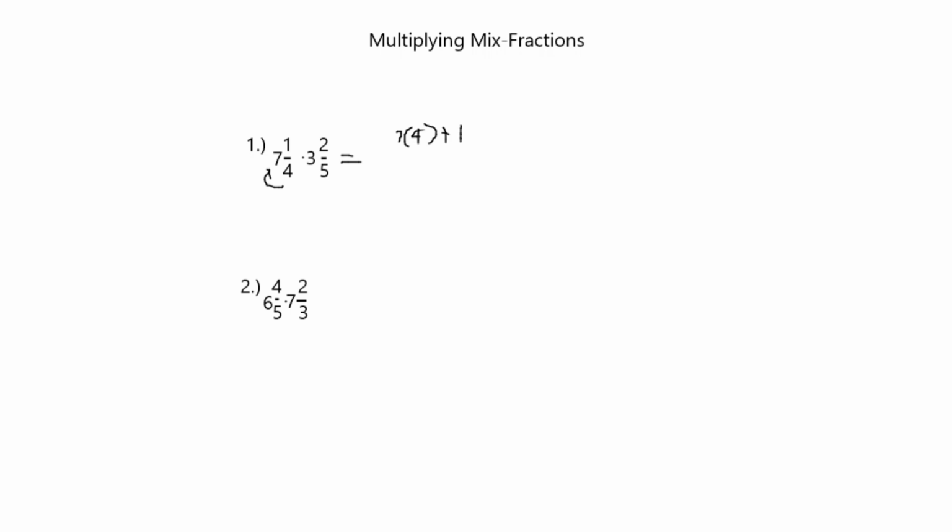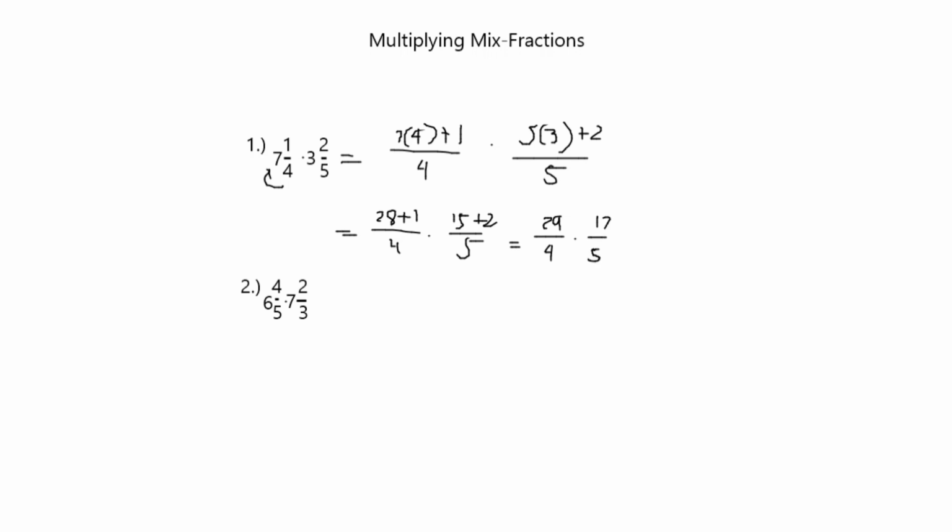That will become pretty straightforward. 7 times 4 is 28 plus 1 over 4. And then right here, 5 times 3 is 15 plus 2 over 5. So we're just going to do a quick math here. Hope you guys can see the process.